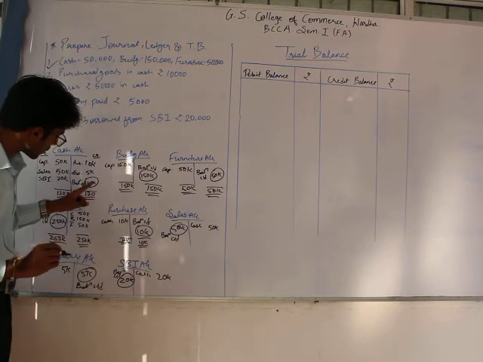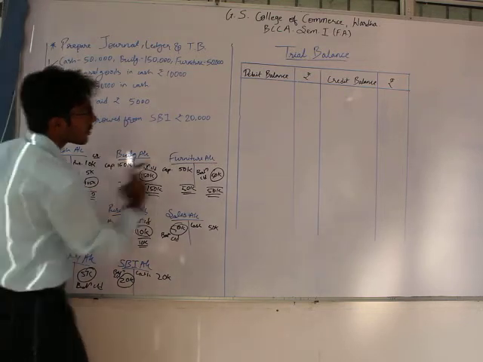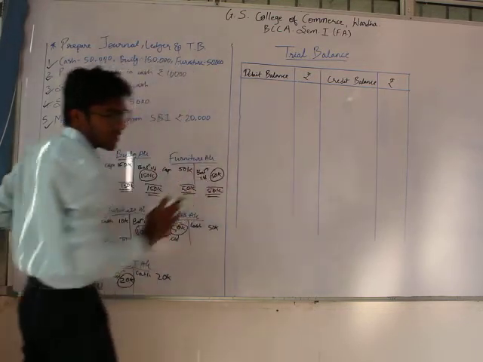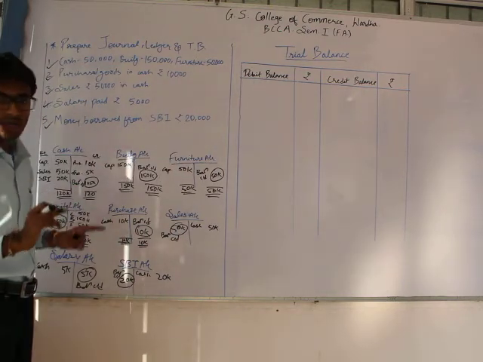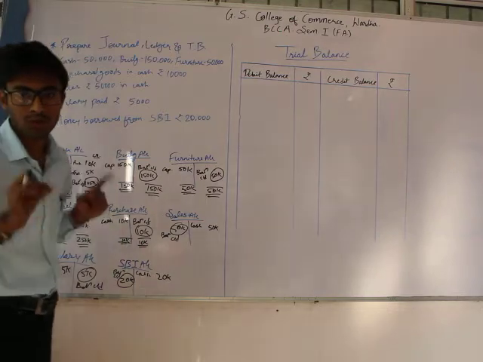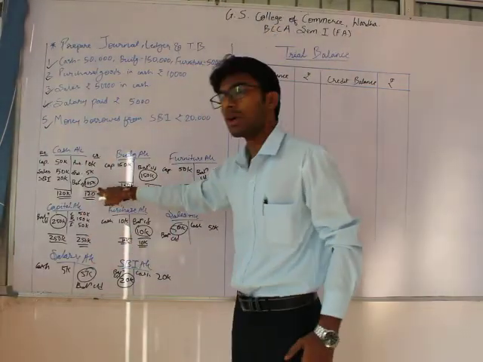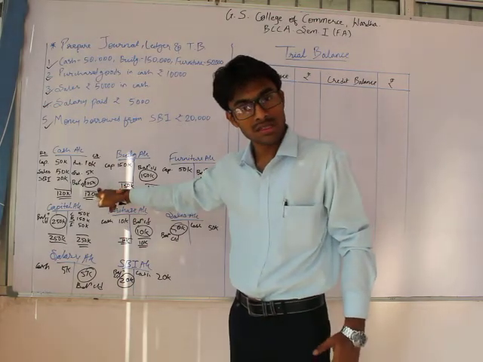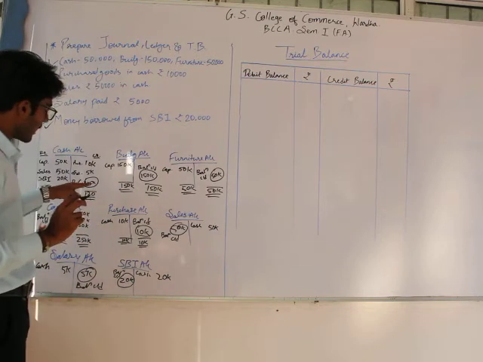So we should plot this on the debit balance side and not on the credit balance side. Understood? So cash is showing a debit balance.